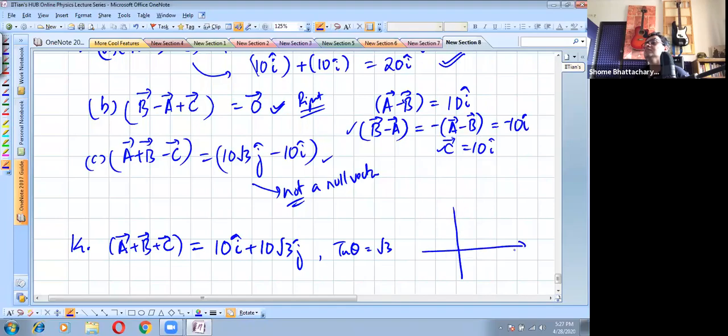Because you can clearly see that this vector is having a positive x component of 10, a positive y component of 10 root 3. So the vector itself must be in the first quadrant. This is this resultant vector. So this angle we're talking about, this angle is 60 degrees.